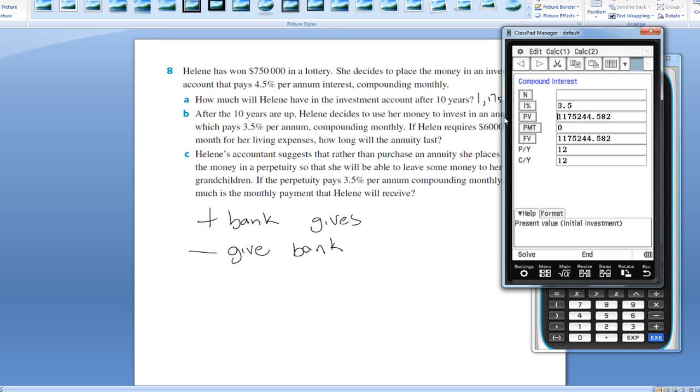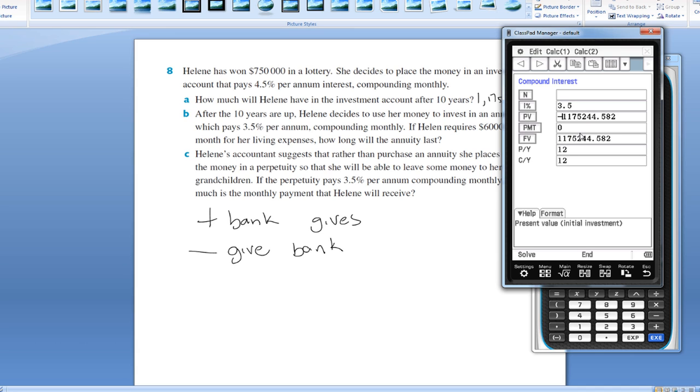Now let's put a negative sign out the front of that, because that's saying I'm going to slap this into the bank. So I need to make that negative because I'm actually, is that positive or negative? No, I'm giving the bank that money, so it's negative.